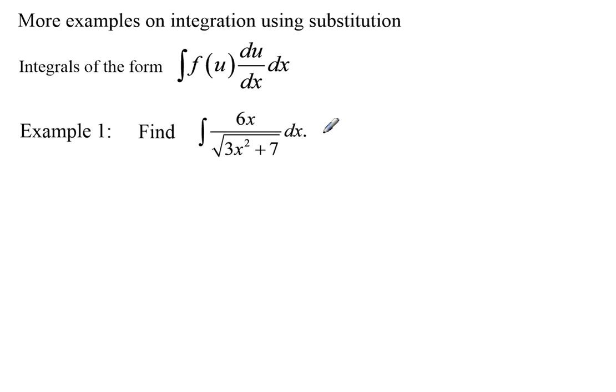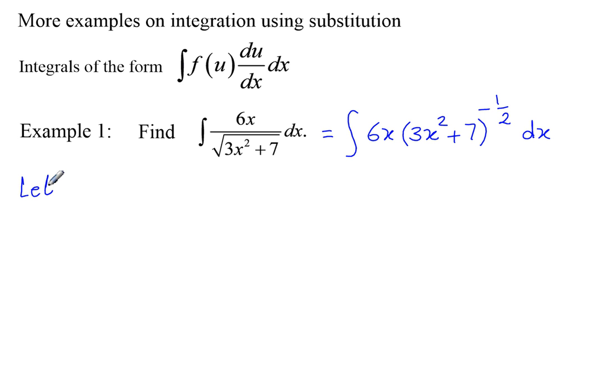Now this integral can be rewritten as the integral of 6x times 3x squared plus 7 to the power of negative half, and it's negative a half because it's a square root from the denominator, with respect to x. Now let's consider a substitution.